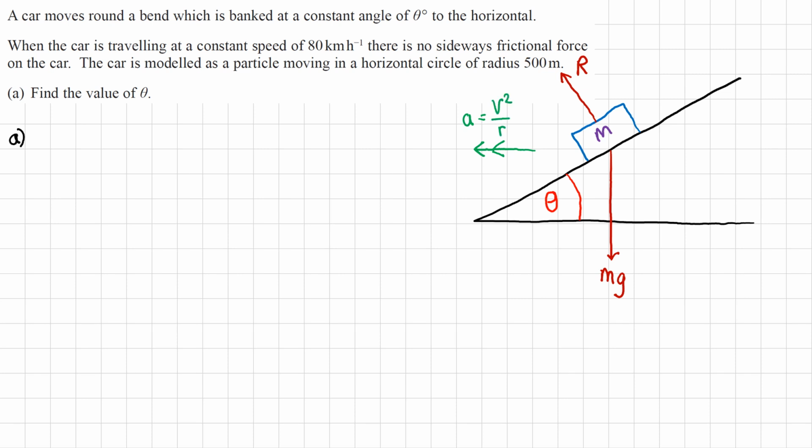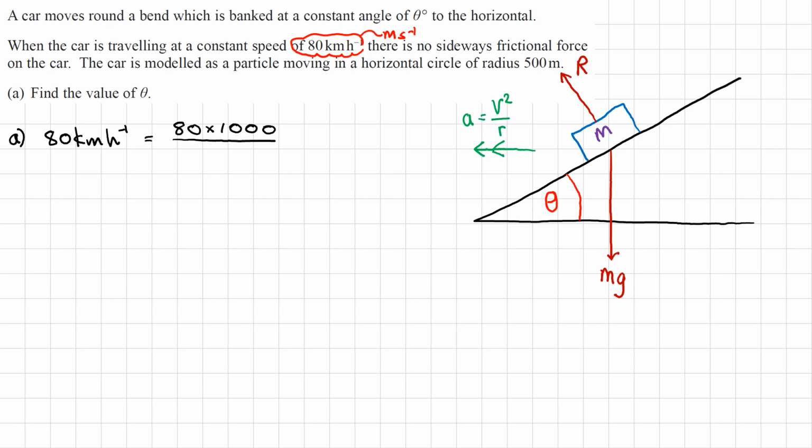Now, the first thing I note is that v is given in kilometers per hour, and I need to convert that kilometers per hour to meters per second. So let's do that first. 80 kilometers per hour. Well, we need to convert the kilometers into meters by timesing it by 1,000. So that'll give me how many meters in an hour.